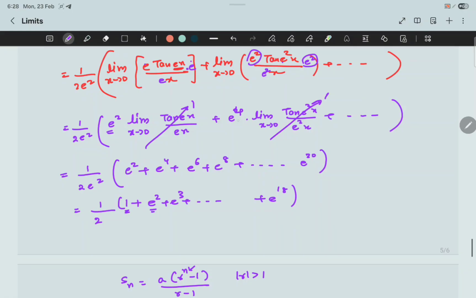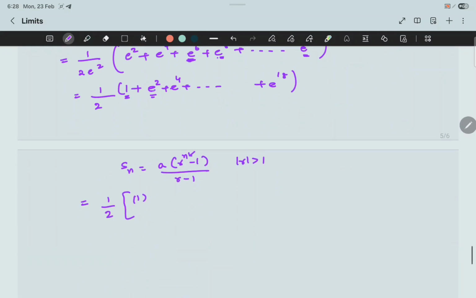Here I'm getting e square, and e square into e square should be e power 4, the next term is e power 6, then e power 8. So this is the mistake; it should be e power 4, I'm sorry. If I take e square common, I will be left with e power 4, then e power 6, and finally e power 18. That means the common ratio is e square, right? So I will write it as e square whole power.